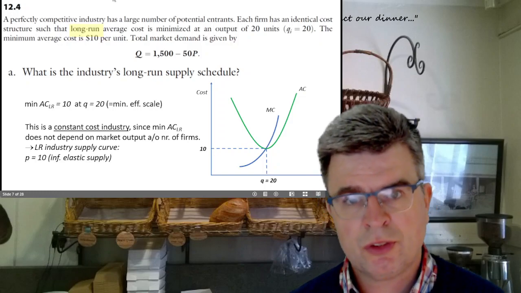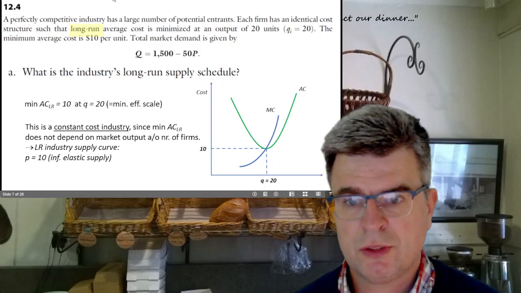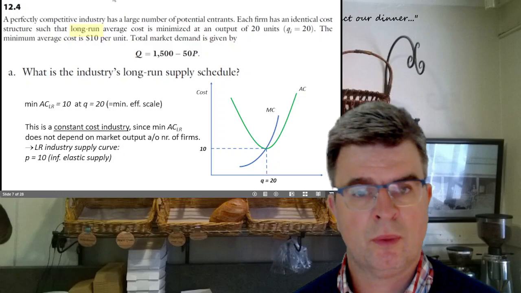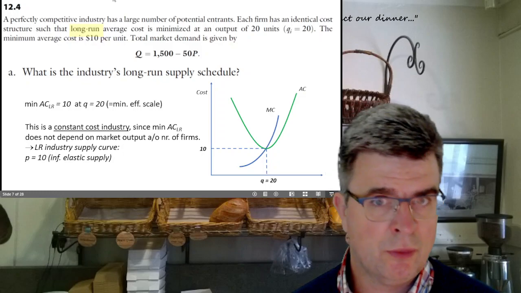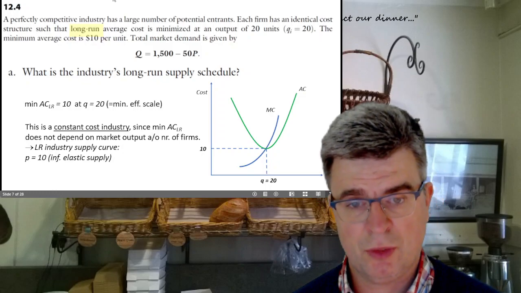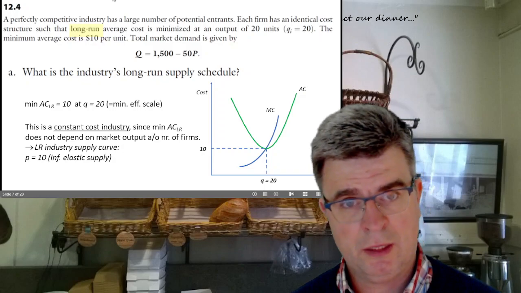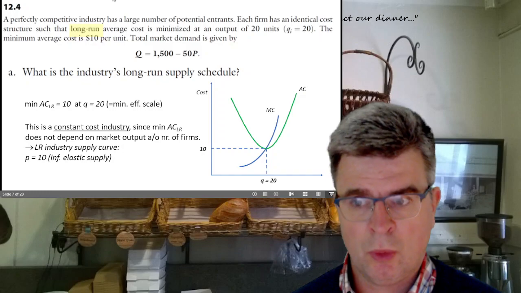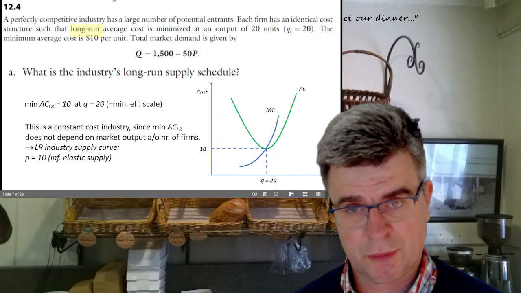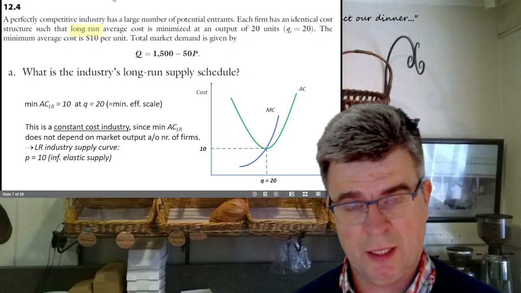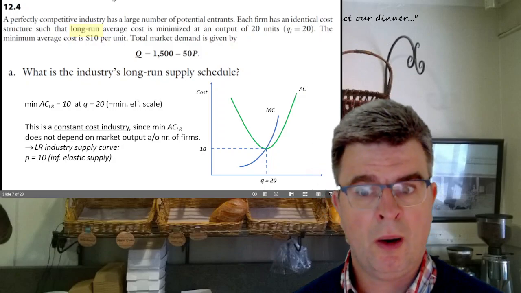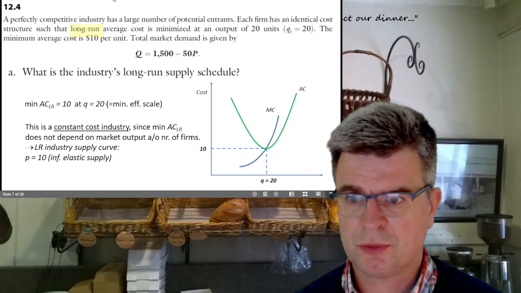And this is a constant cost industry, since the minimum of the average cost in the long run doesn't depend on the output or the number of firms. It doesn't matter whether the industry consists of 10 firms or 100 firms. In the long run, the average cost will be minimized at 10. Later on, we will see some examples of an increasing cost industry.